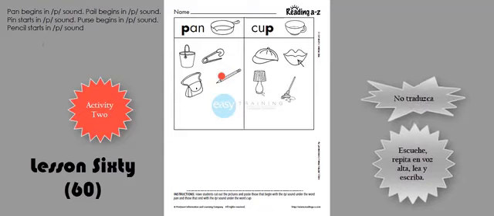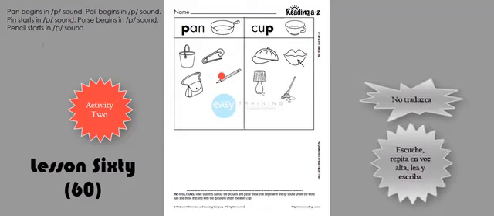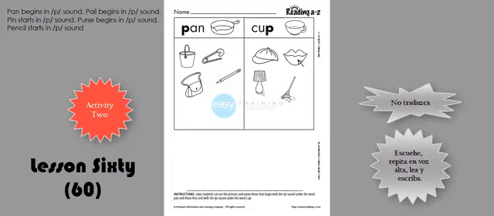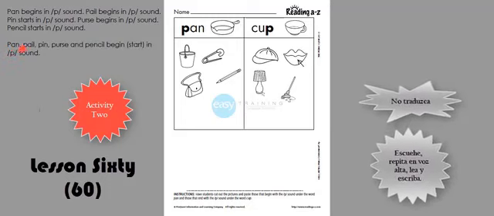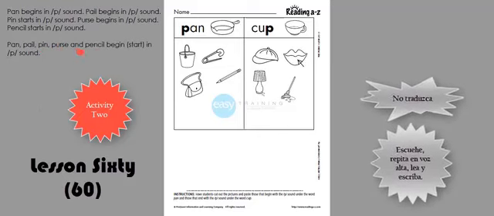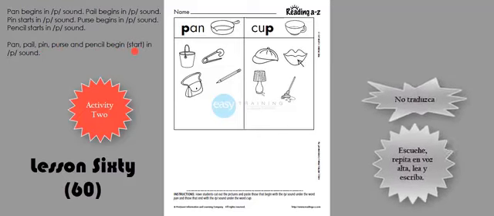Ahora voy a escribir un solo enunciado en el que estén incluidos todas estas palabras. Here you are. Pan, pail, pen, purse, and pencil begin or start in P sound.